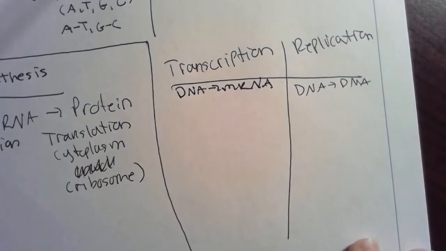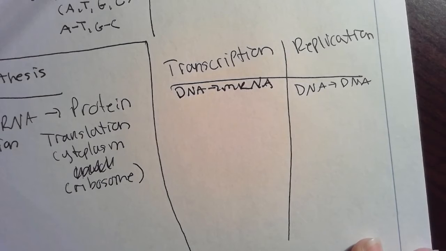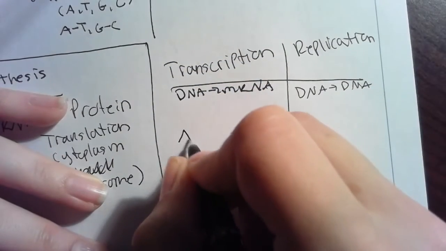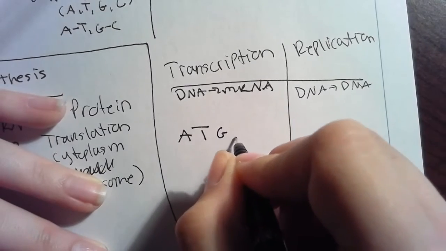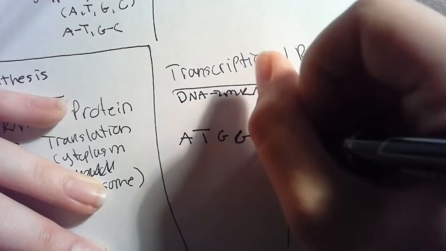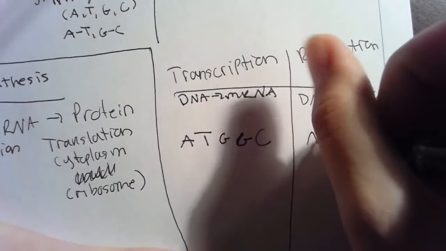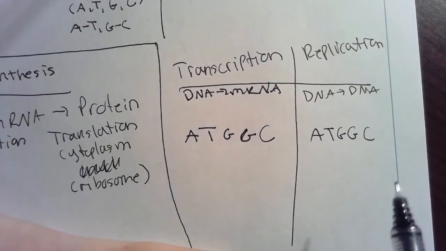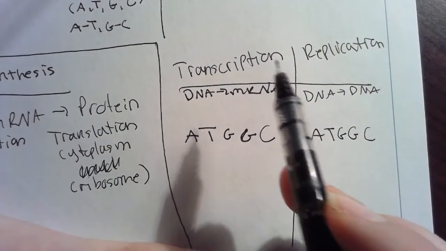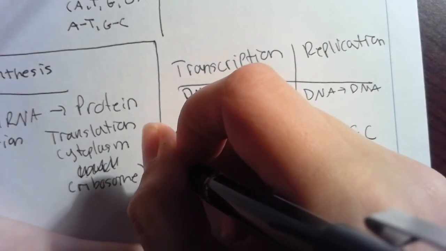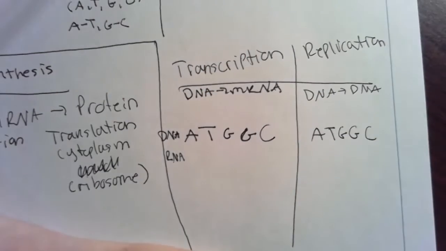So a lot of the time in questions they'll give you a sequence of DNA. Alright, so let's take an example. A, T, G, G, C. Great. I'm going to write that on both places. Alright, so same sequence. This is asking me to transcribe it, which means that I'm starting with DNA, and then I'm going to end with RNA.